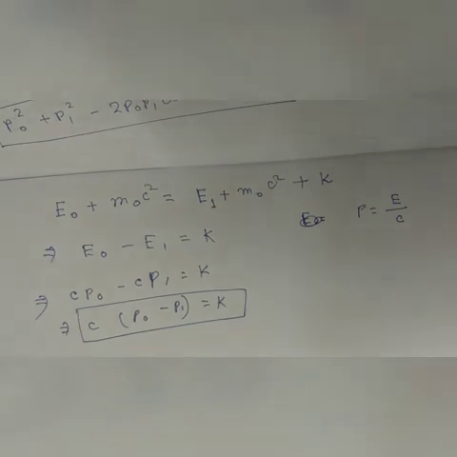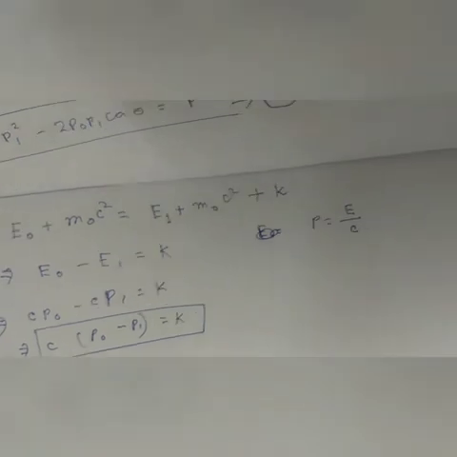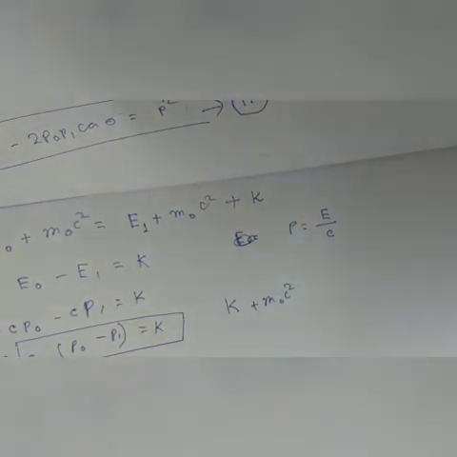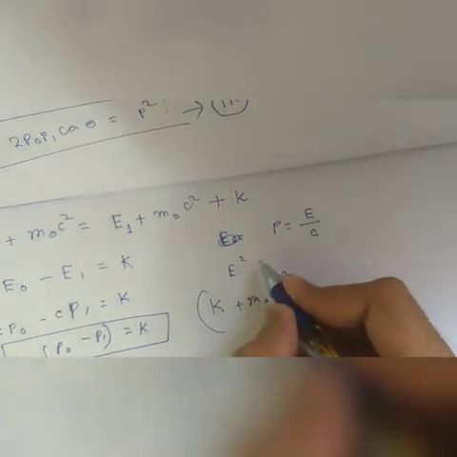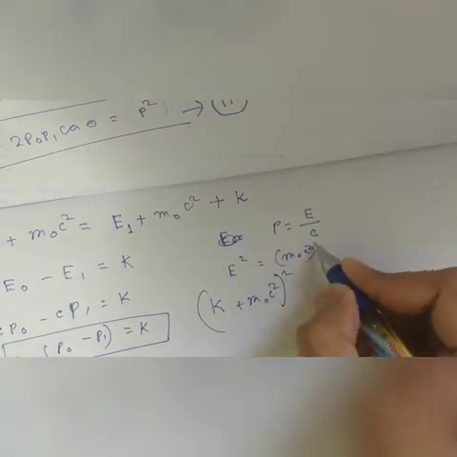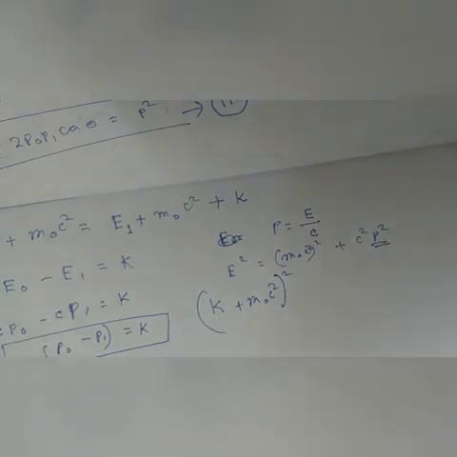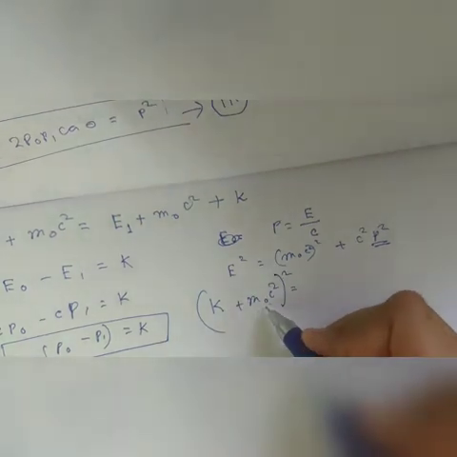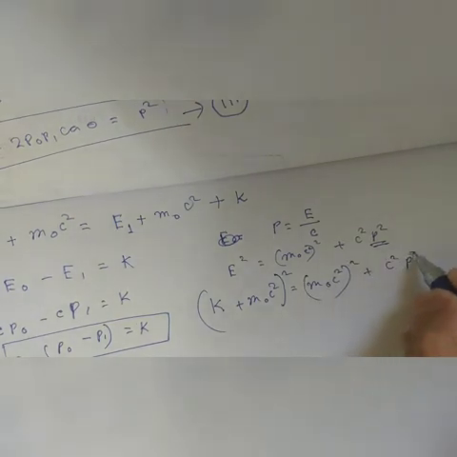Now we will consider the total energy of the electron here. K is the kinetic energy and m naught c square is the rest energy, so the total energy is K plus m naught c square. We square it, using the relation we had already got, m naught c square whole square plus c square p square, where p is the momentum of any particle. So E is K plus m naught c square, and the m naught c square term will be the same here, and c square p square will be there.